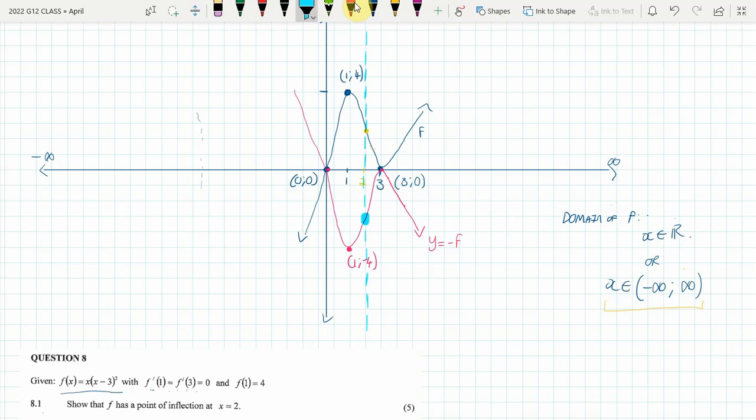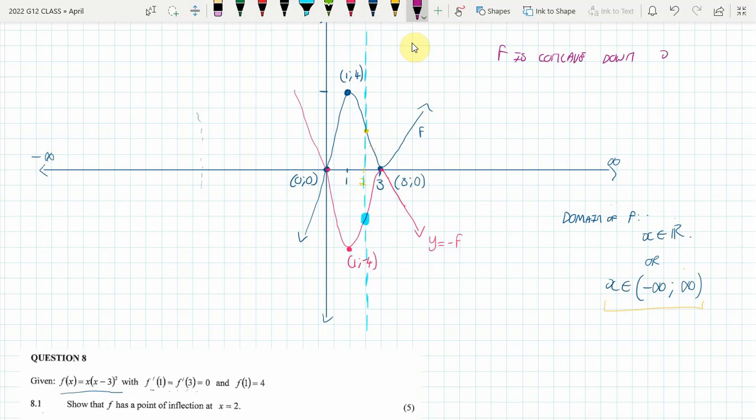Notice that the question I was asking first was for which values of x is f concave down. So f is concave down everywhere until the inflection point.